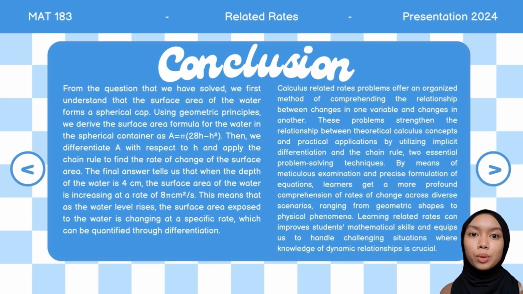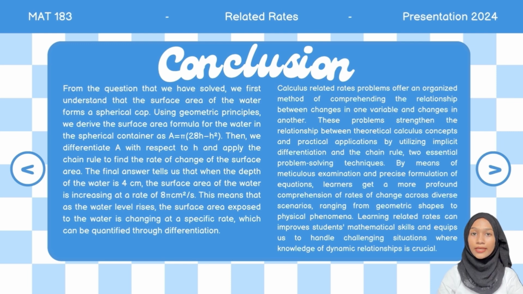This means that as the water level rises, the surface area exposed to the water is changing at a specific rate, which can be quantified through differentiation. Thus, in general, calculus-related rates problems offer an organized method of comprehending the relationship between changes in one variable and changes in another. These problems strengthen the relationship between theoretical calculus concepts and practical applications by utilizing implicit differentiation and the chain rule, two essential problem-solving techniques.